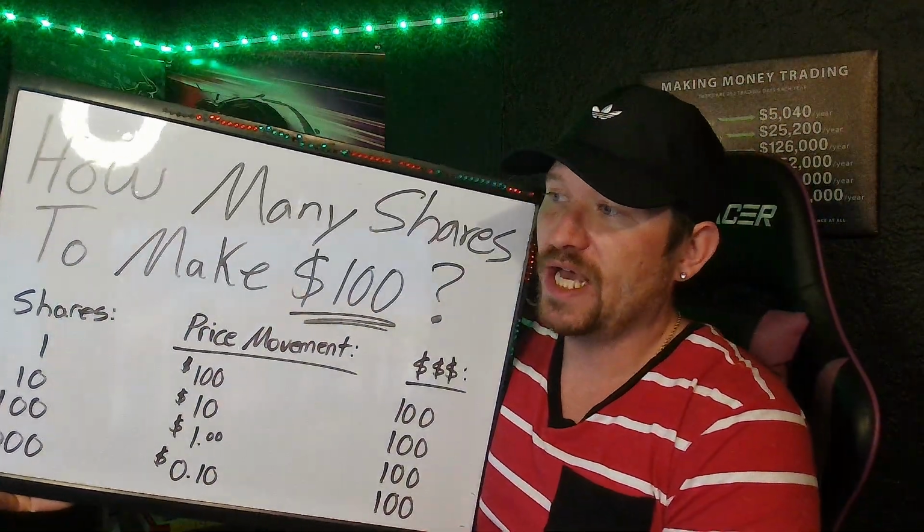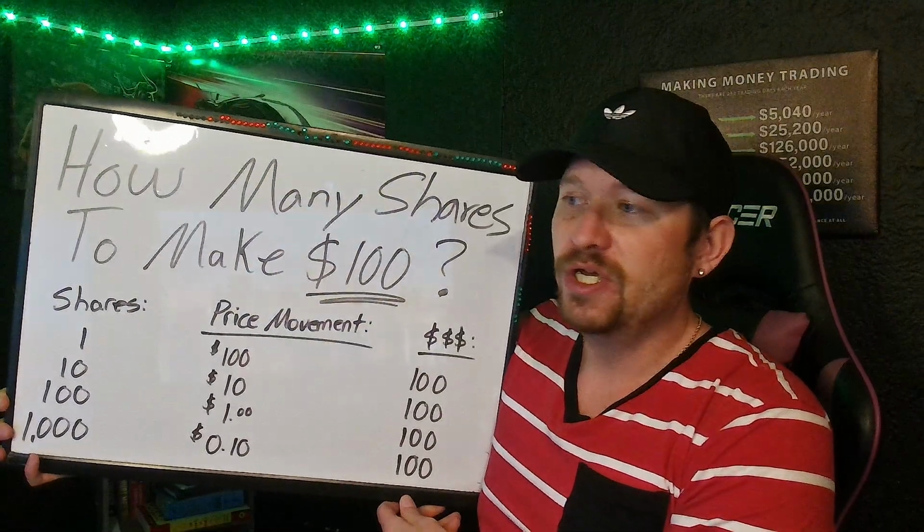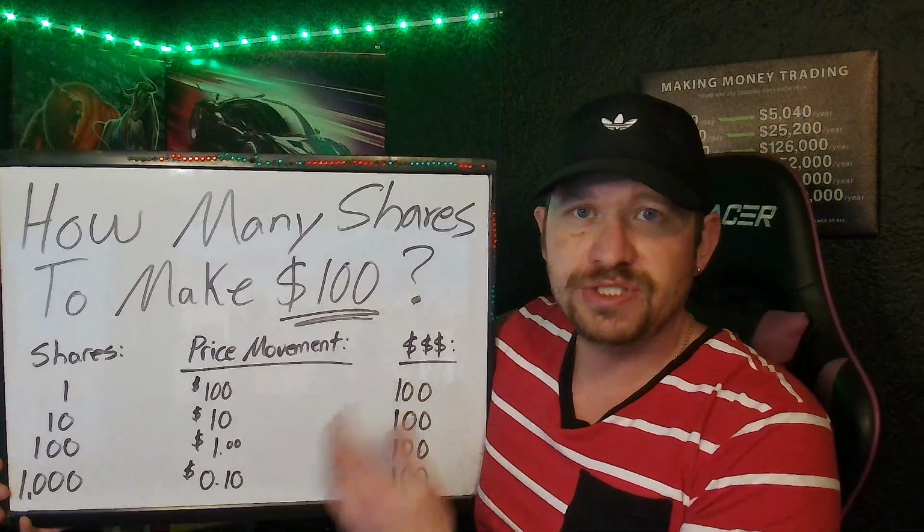Now, what if a company is $100 and you buy one share of it, putting in $100, and it goes up to $200? You would then make $100. So keep that into consideration, because you can use this as an example for any amount or any value that you see fit.